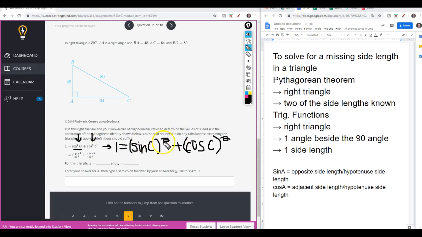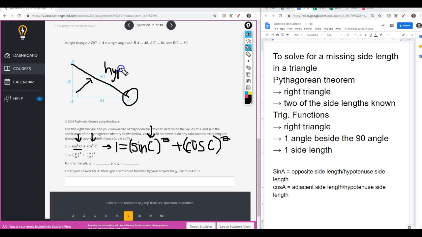The next thing to look at is that the angle they gave us is angle C, so that is our perspective angle. So label the triangle based off of our perspective angle. We have our hypotenuse, which is always the side across from the 90-degree angle.